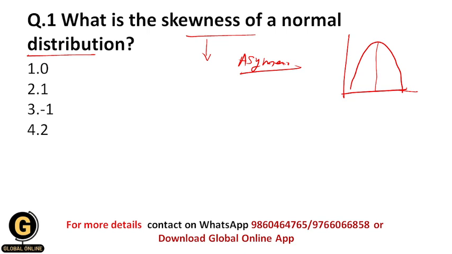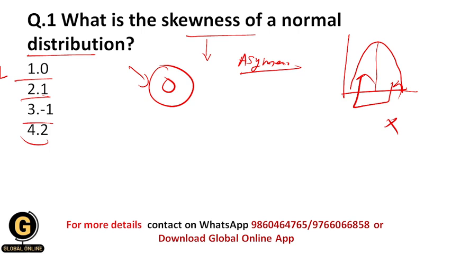Asymmetry means both of these sides are not equal. That's why the skewness of a normal distribution would obviously be 0, because there is no asymmetry. Your correct answer should be 0.